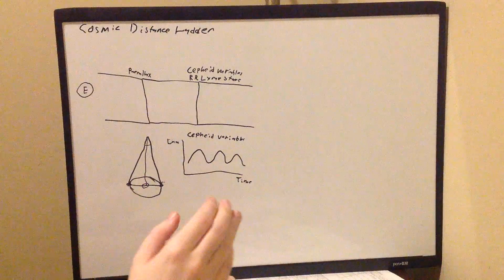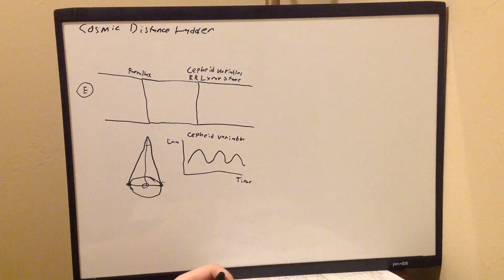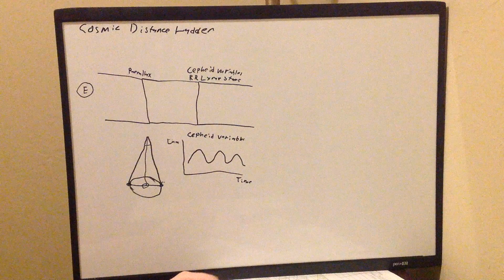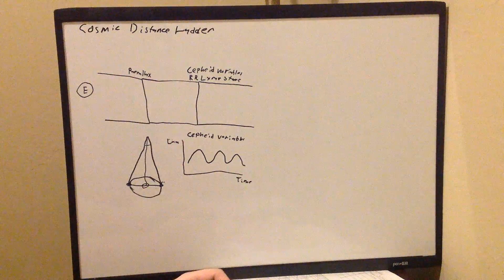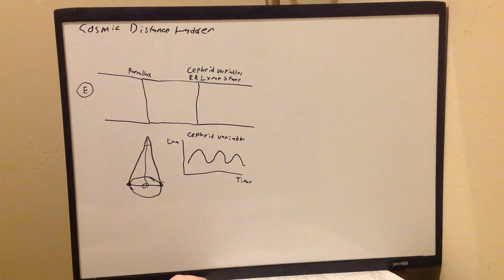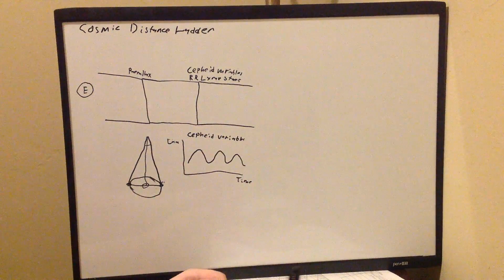Some of them change from brighter to dimmer quickly, and some of them do it more slowly.